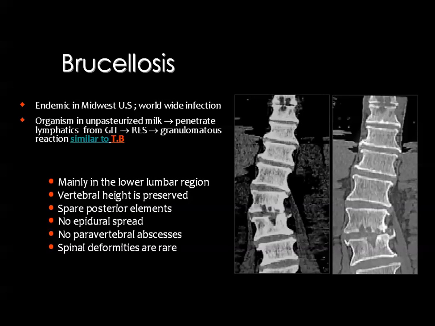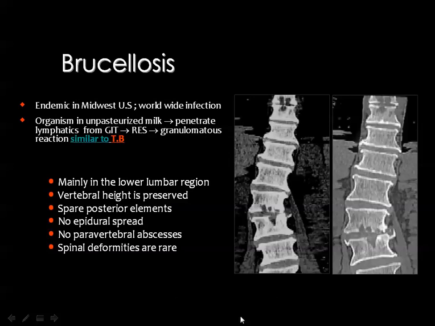Then brucellosis is an inflammatory lesion of the spine. The organism is present in unpasteurized milk, and it penetrates the lymphatics from the GIT to the reticuloendothelial system, reaching the spine, forming a lesion which is almost similar to TB, except for some differentiating points.